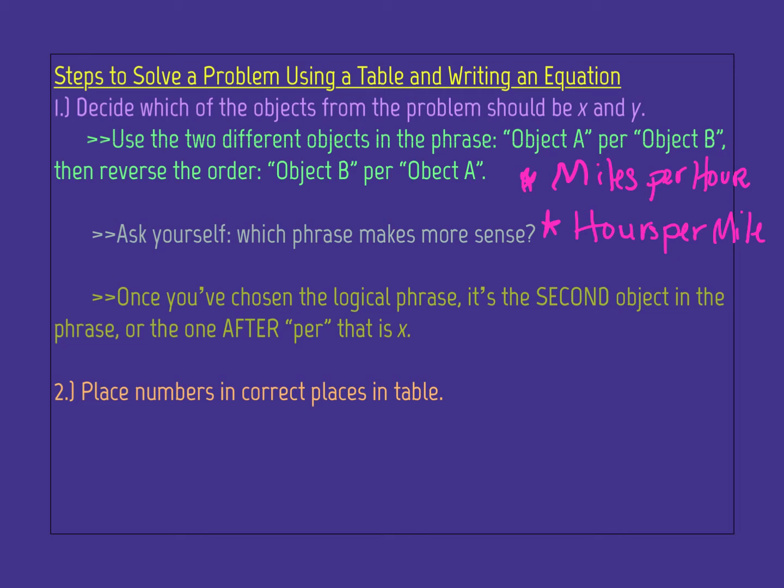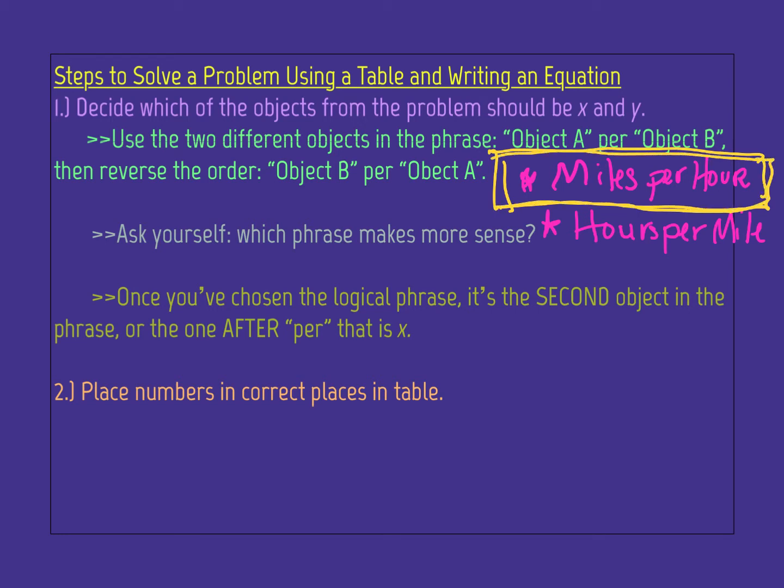Driving down the road, what do you see? The sign says miles per hour. So you really want to think about them both ways. There might be a place where you need hours per mile, but for the most part, when we reference driving, it's always miles per hour. So the logical one here would be miles per hour.